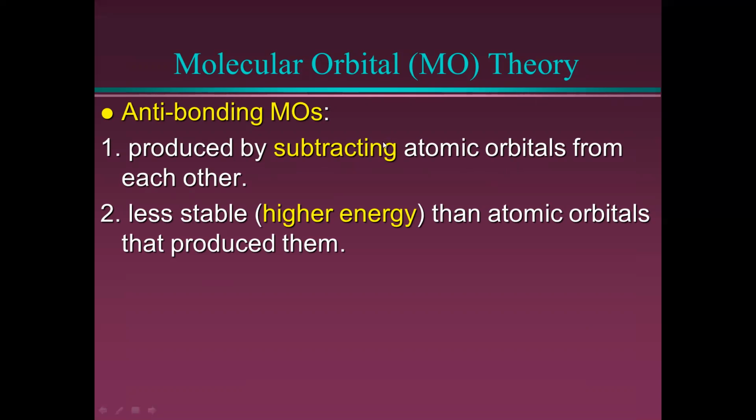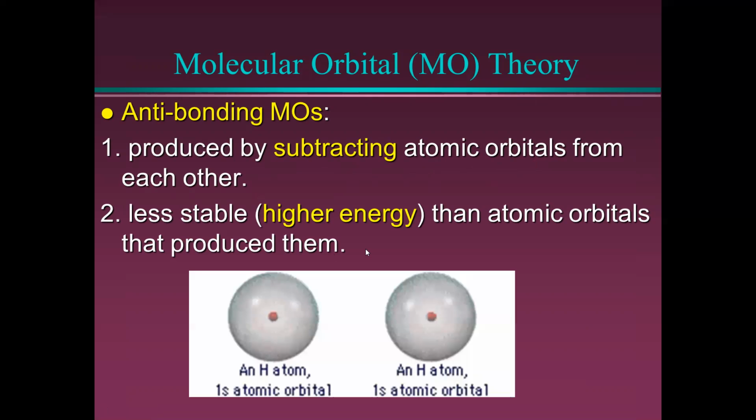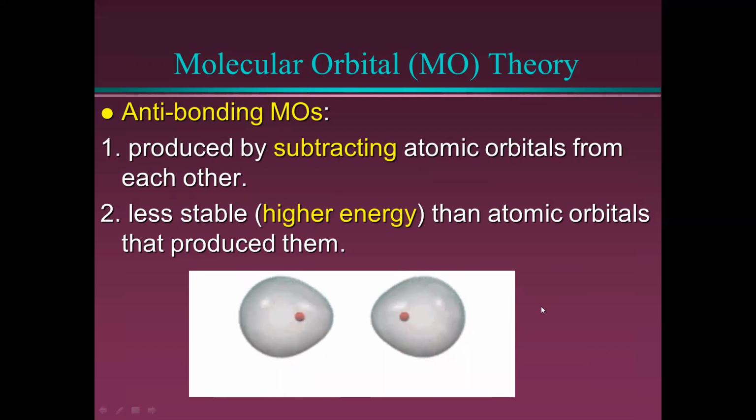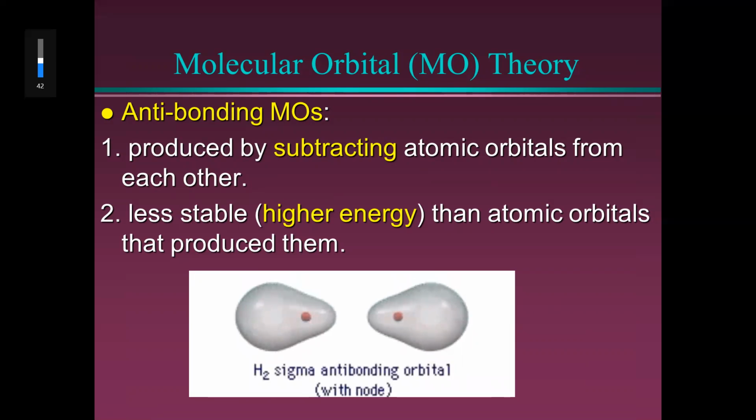Here we subtract atomic orbitals from each other, and there are fewer electrons between the nuclei. So they are less stable. That means they have higher energy, less stable than the atomic orbitals that produced them. The antibonding molecular orbital has reduced electron density in the internuclear region.